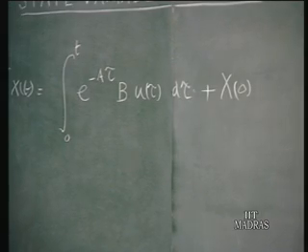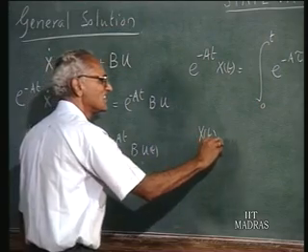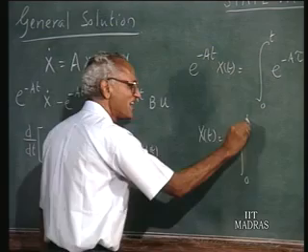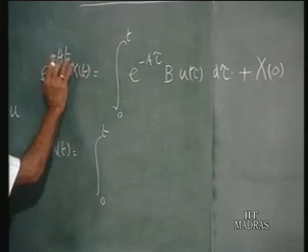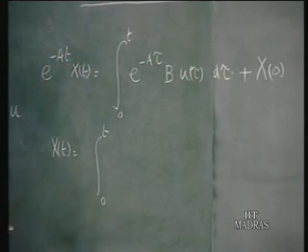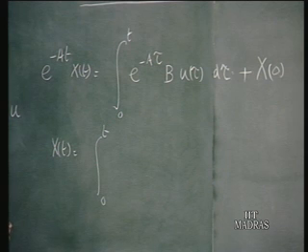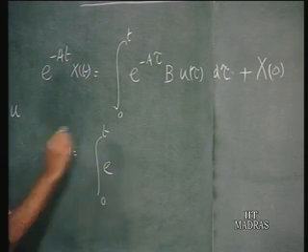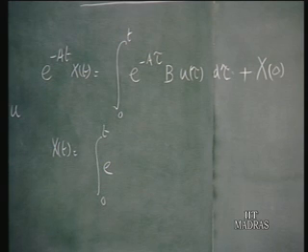So now we can write the solution for x of t as integral 0 to t. You can now introduce this inside e power at. So you have e power at, that means you multiply right through by e power at.